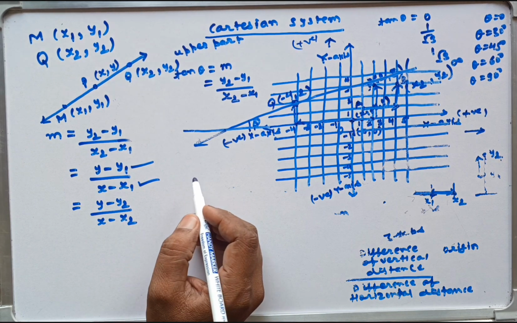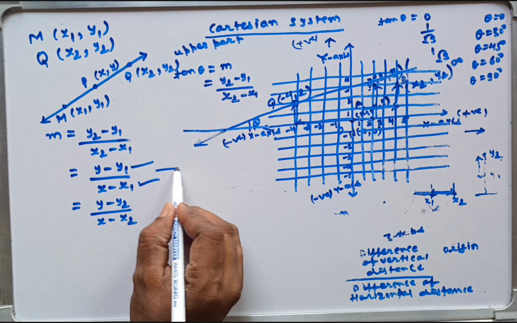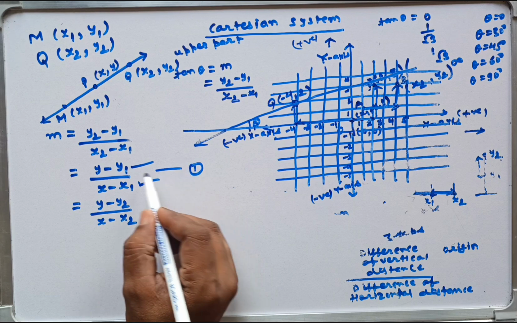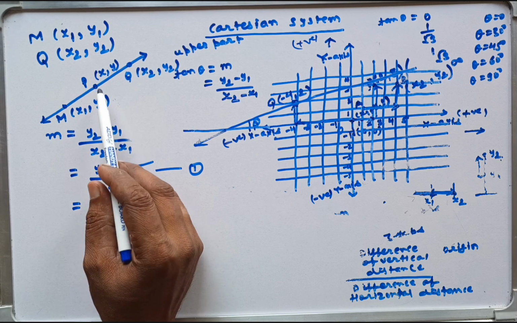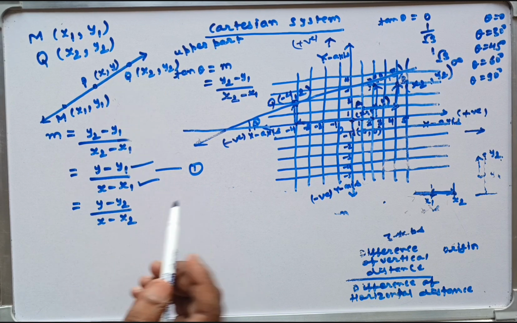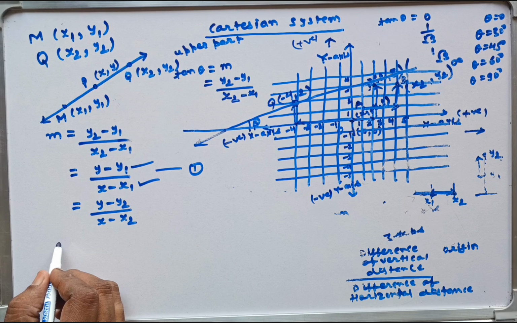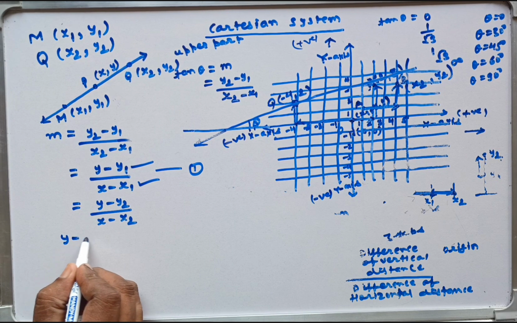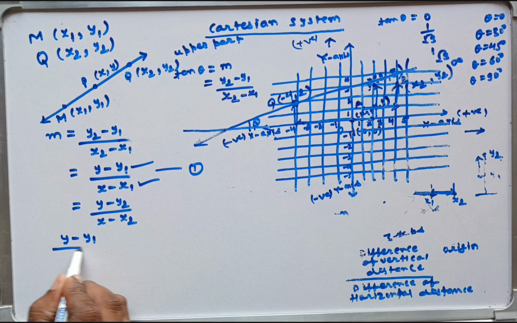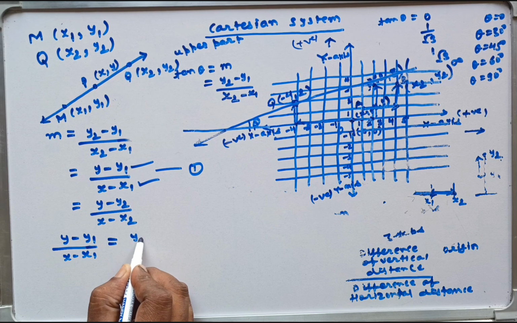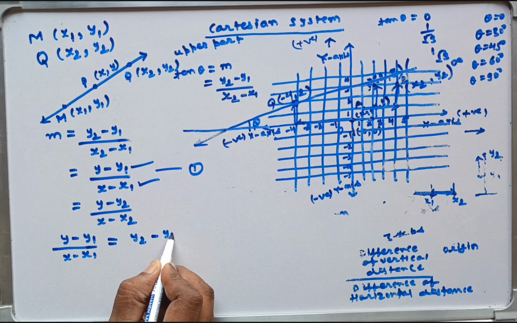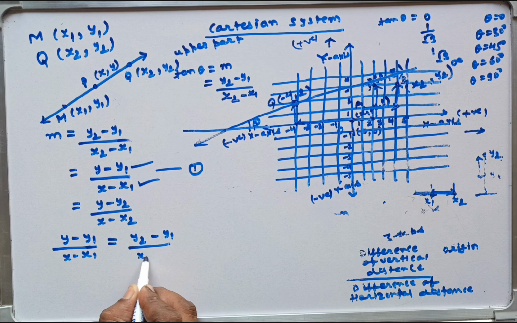So consider this arbitrary coordinate here, x and y, which is P equal to (x, y). So guys, you can write it as y minus y1 divided by x minus x1 equal to the known quantity y2 minus y1 divided by x2 minus x1.